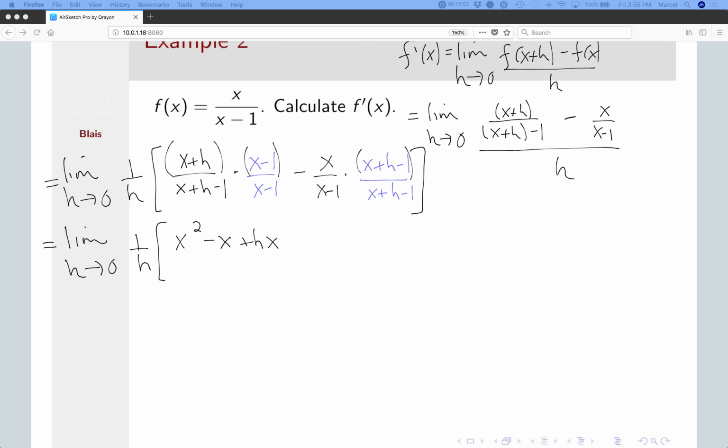And for the last, minus h. Multiply this x through, we get x squared plus hx minus x. All over our new denominator, which is x plus h minus 1 times x minus 1.